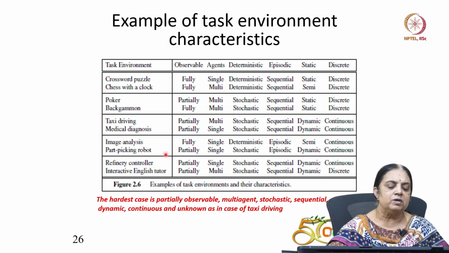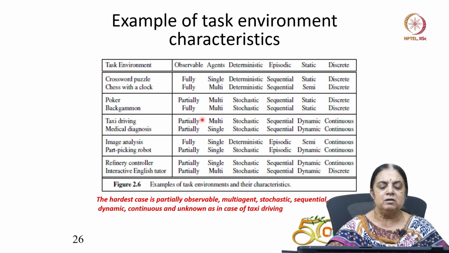For example, if we take a taxi driver, it's partially observable, multi-agent, stochastic, sequential, dynamic and continuous. So what you find is the hardest case is something that is partially observable, multi-agent, stochastic, sequential, dynamic and continuous, and unknown.